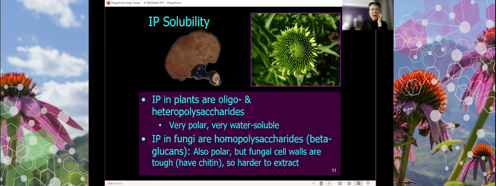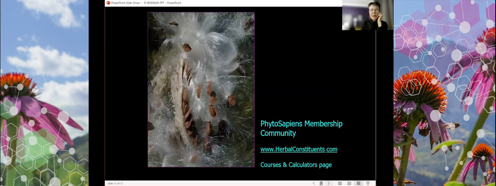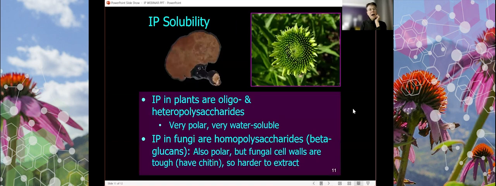So a little bit about the solubility. Let's see, oops, that's our last slide from the show there. Immunomodulating polysaccharides, generally speaking, are hot water soluble, right? And you may have heard of double extracting your medicinal mushrooms.